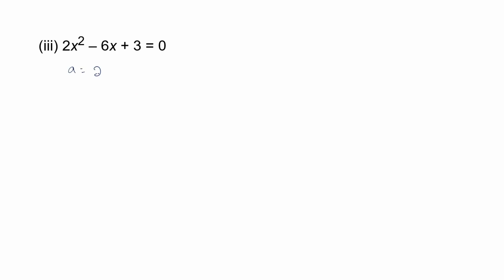a is equal to 2, b is equal to minus 6, c is equal to 3. In order to find the nature of the roots, we have to find the discriminant b square minus 4ac. So substitute the values.